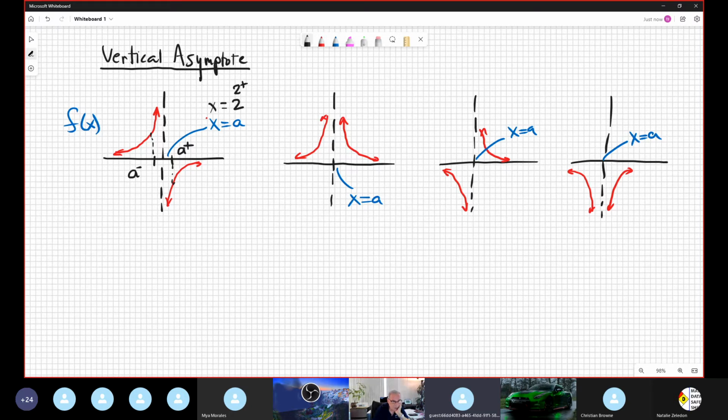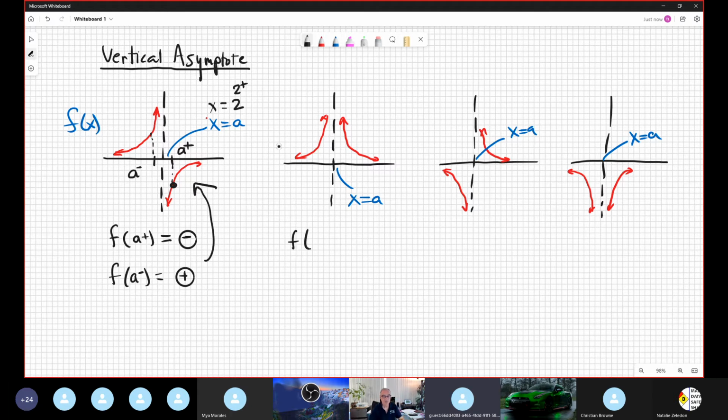You evaluate the function at a plus. In this example it is negative 1. Look at that, the y value is negative. And the function evaluated at a minus, before, is positive. This corresponds with that behavior.